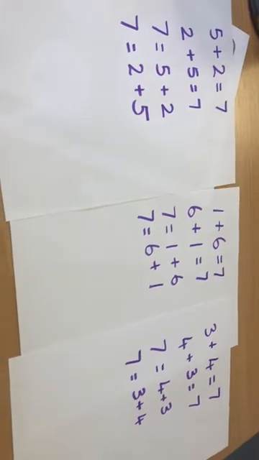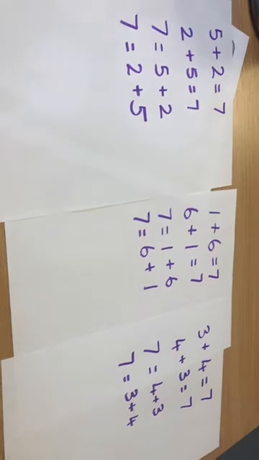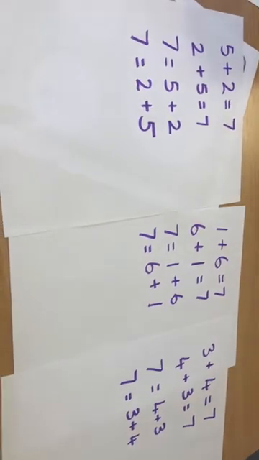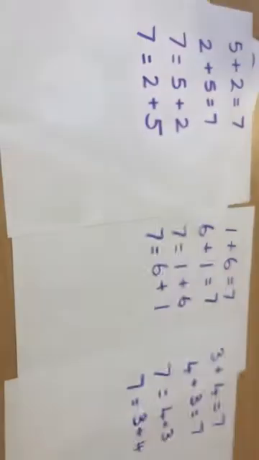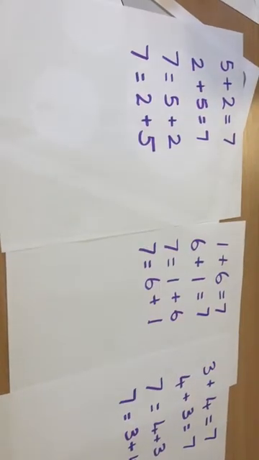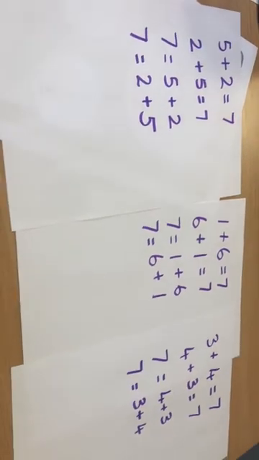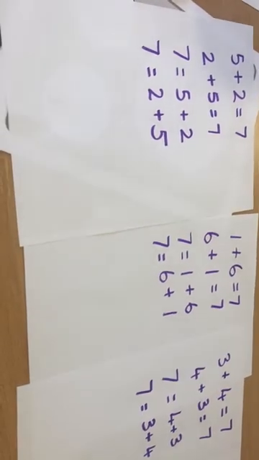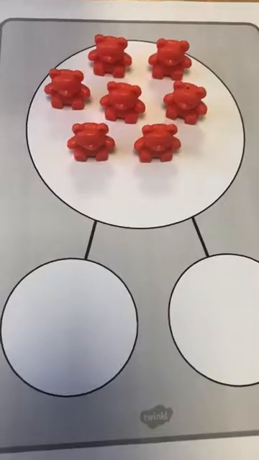Using the part whole model, we can now see we have got all these ways of making 7. Can you choose a number between 1 and 10 and see if you can find all of the ways to make that number using the part whole method?